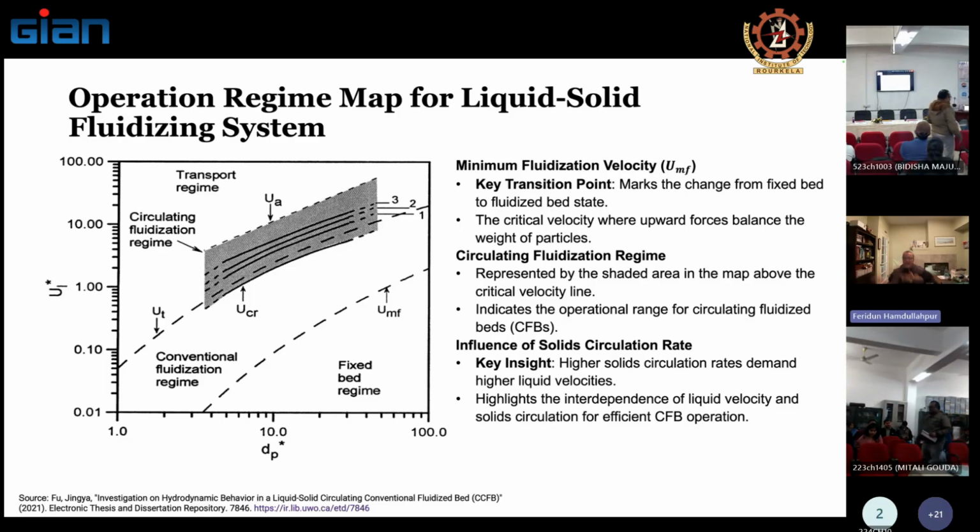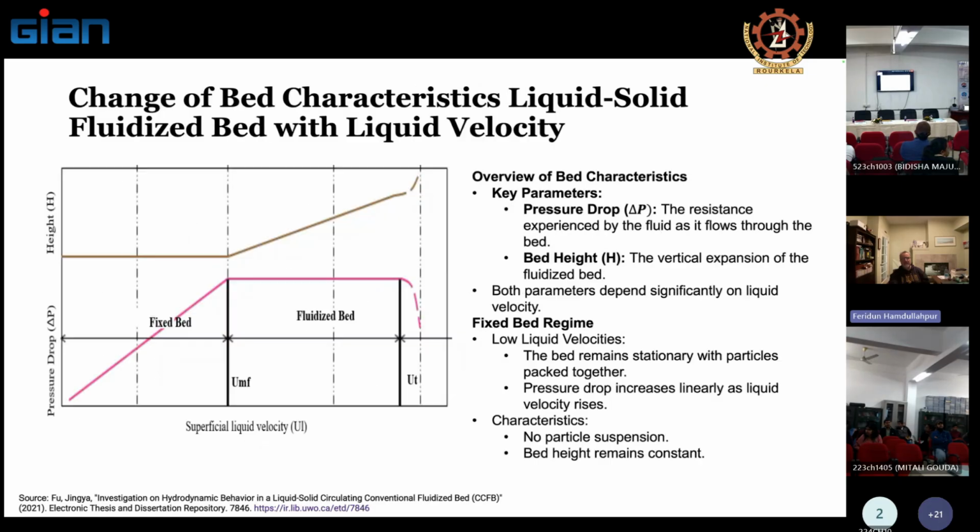You'll be able to process much higher volumes, okay, quantities. So it's a very important map. It is basically developed using various geometries, different particle sizes and velocities, but this is one of the key design graphs that you want to use to design a system.